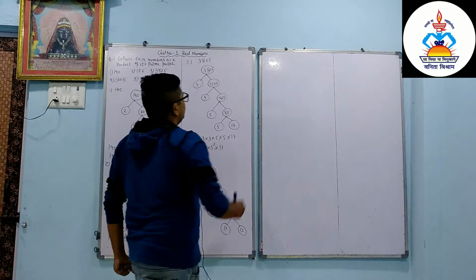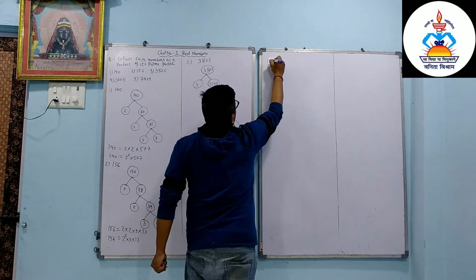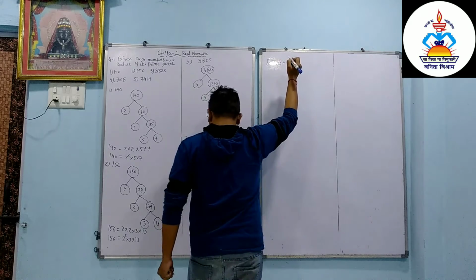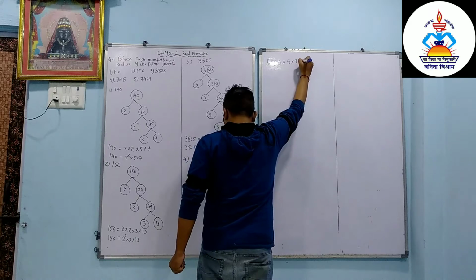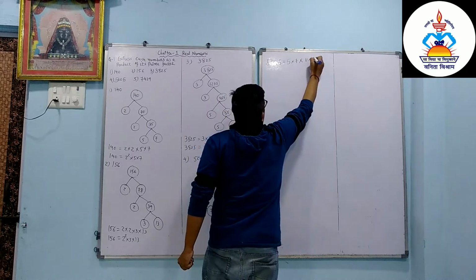So we have the factors of 5005, that is 5 into 7 into 11 into 13.